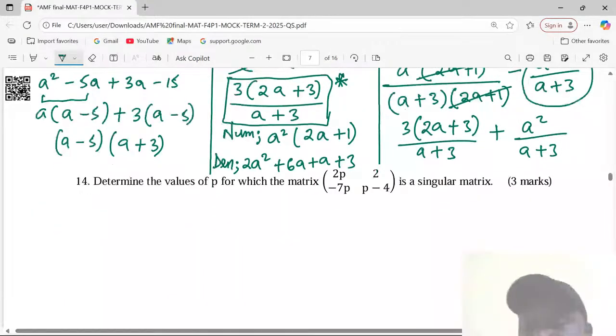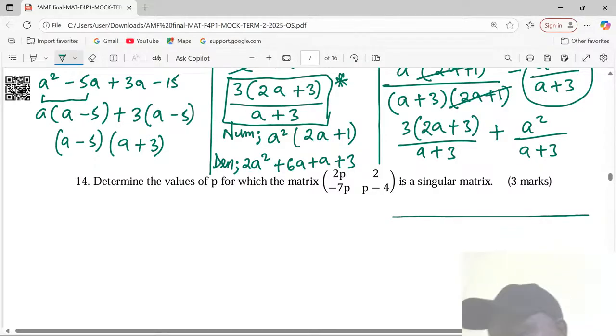So now the LCM is common. And if it is common now, allow me to use the space for number 14. So the LCM now becomes a plus 3, because the denominators are just the same.